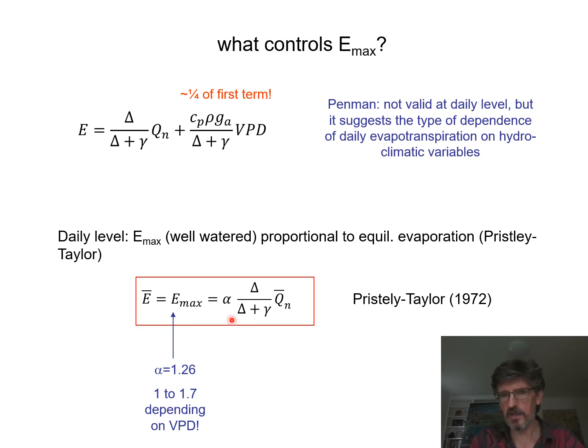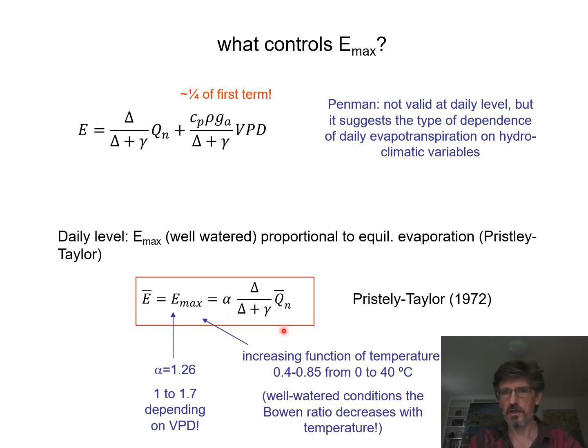So it is a fraction in any case of the potential evapotranspiration. This part here is just a moderately increasing function of temperature, so it's something that we can compute from thermodynamics. So we have a nice formula that relates how much input of radiation we have to the transpiration, and the structure is related to the combination approach of Penman.